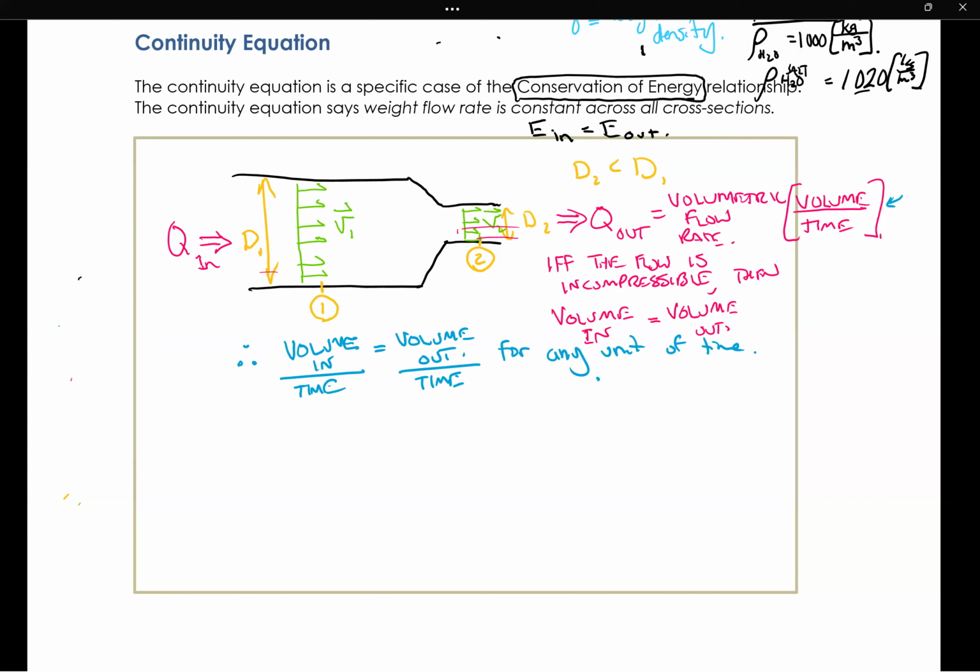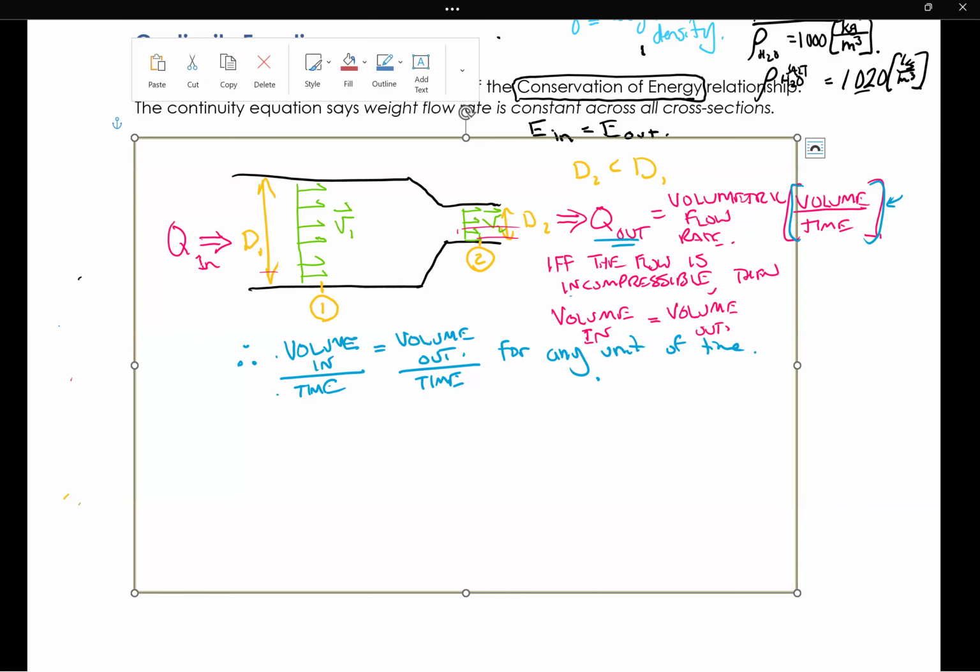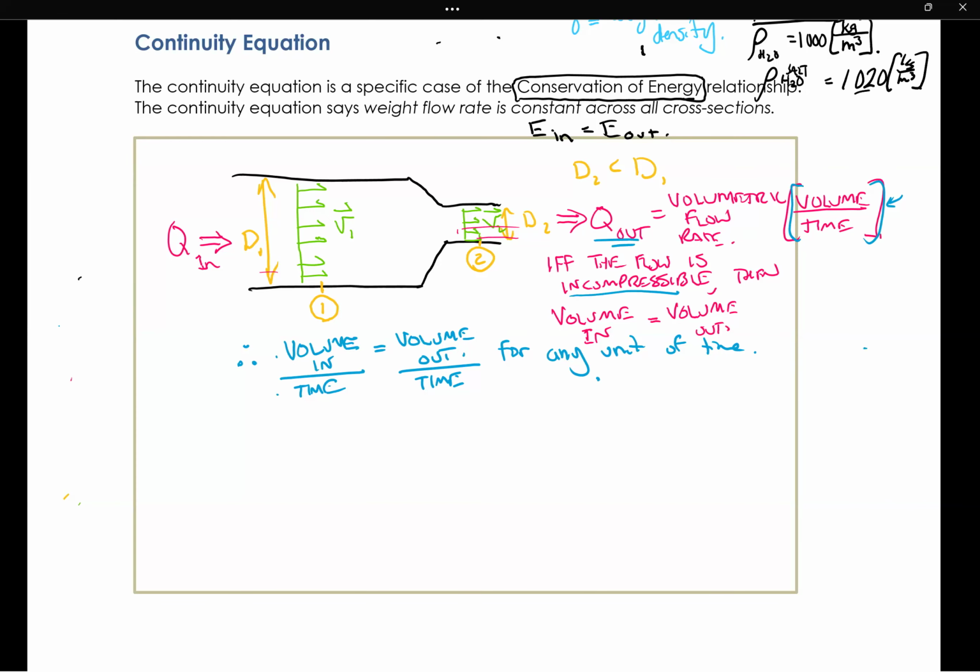Then I have volume over time, and volume over time is flow rate. So if the flow is incompressible, then Q in must equal Q out. The volumetric flow rate in equals the volumetric flow rate out.